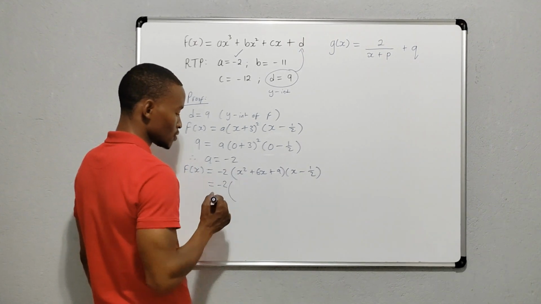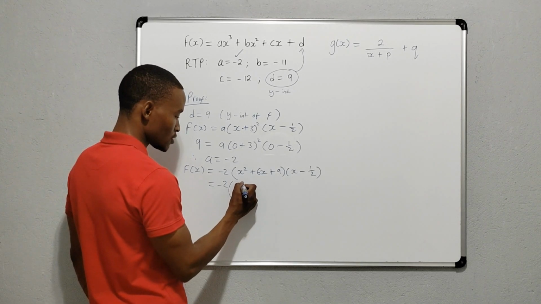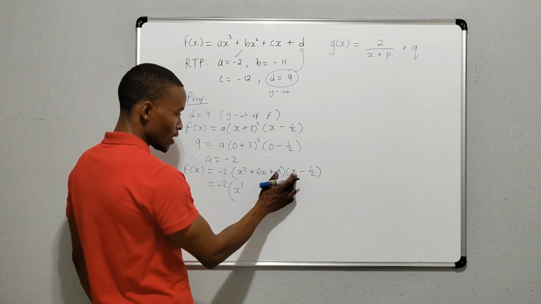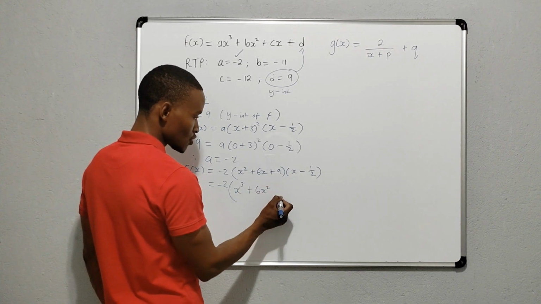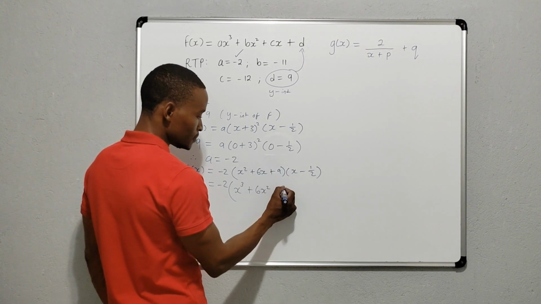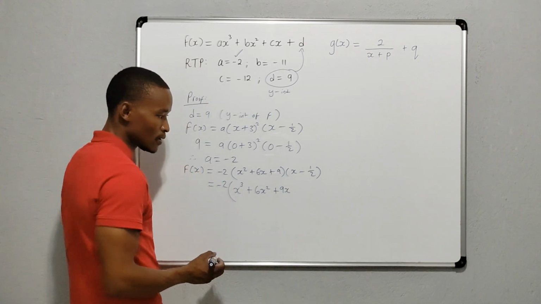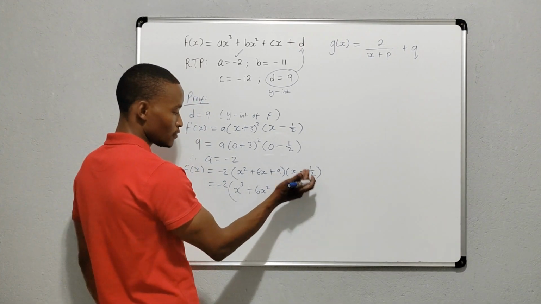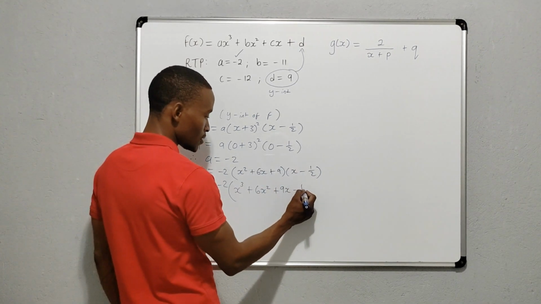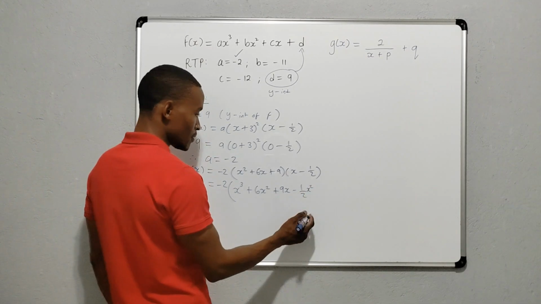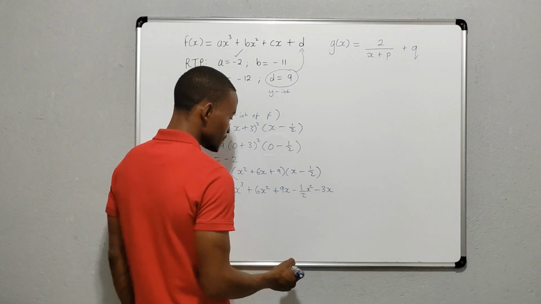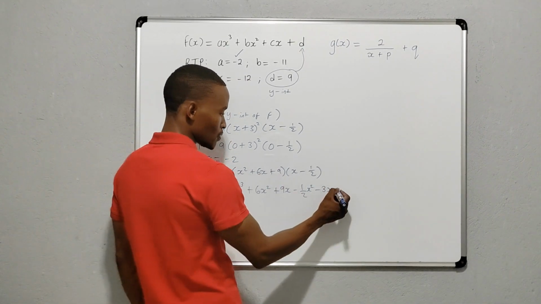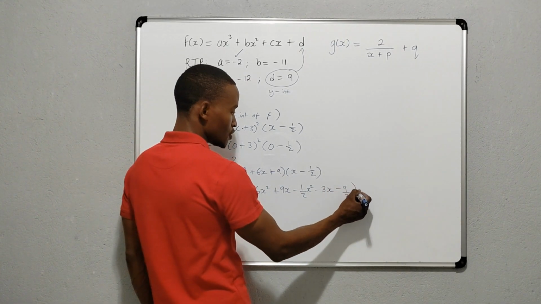Okay, so let's work carefully there. x cubed, x times 6x, 6x squared, x times 9 plus 9x. Okay, let's deal with the -half. Multiply there, minus half x squared, multiply there, gives you minus 3x. And then you multiply this one as -9 over 2.